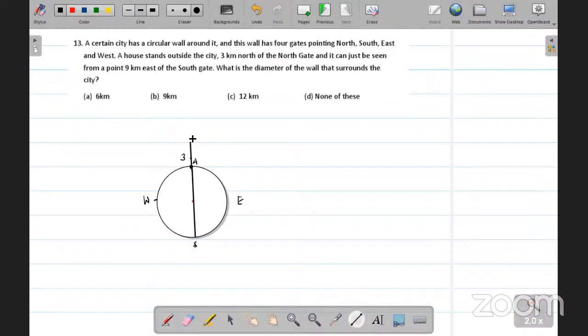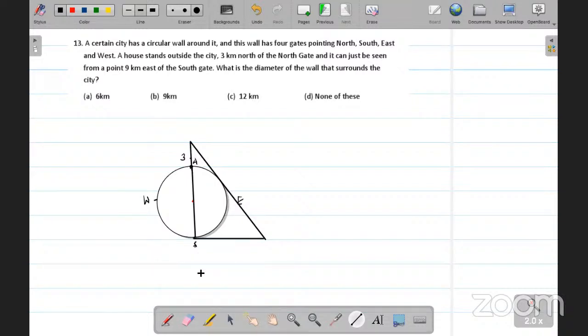And from this point, you can observe that this gate can be seen from a point which is exactly 9 kilometers east of the south gate. Now, if you see, this point is 9 kilometers east of the south gate.